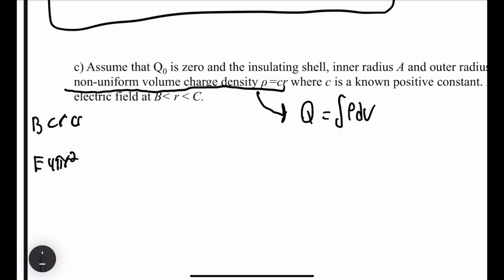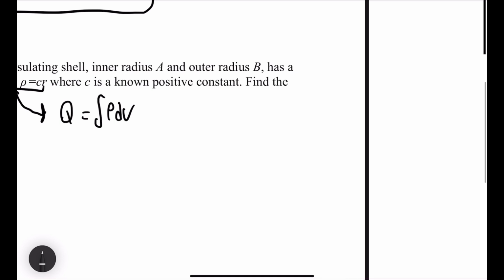So this is going to equal 1 over epsilon naught, right? But instead of Q, we're going to have the integral of rho dV. Rho is CR. And we don't know what dV is, but we know what the volume of a sphere is, right? The volume is 4 over 3 pi r cubed.